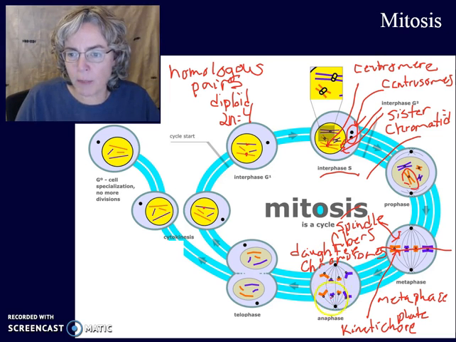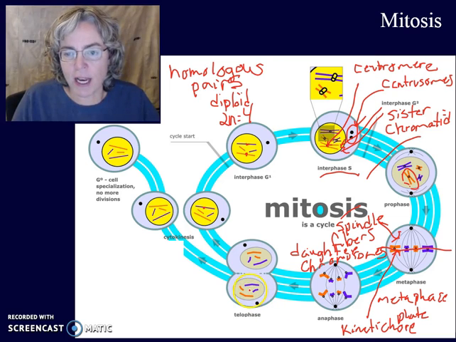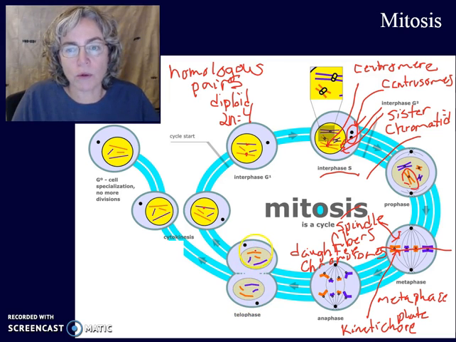So they're pushing it apart and lengthening it. So that in telophase, now you've got your chromosomes at different poles.